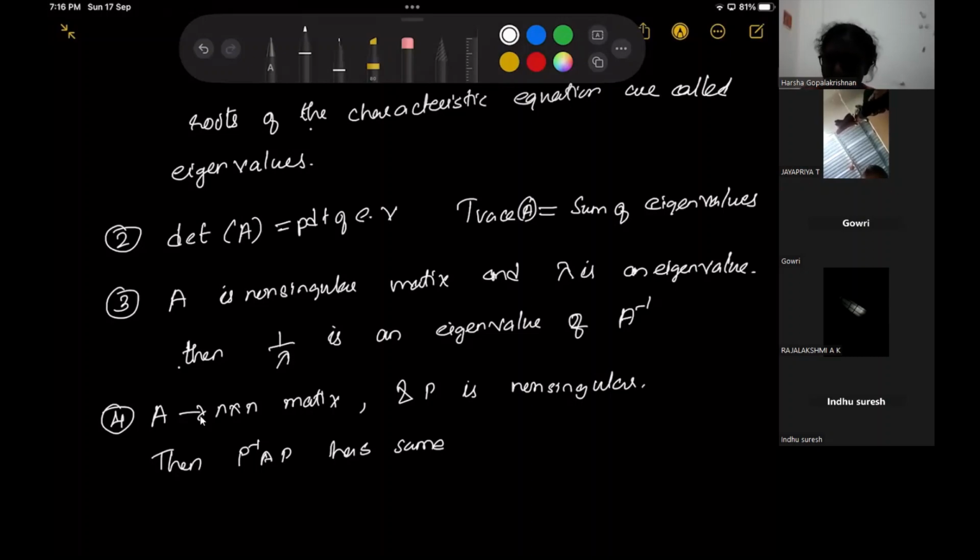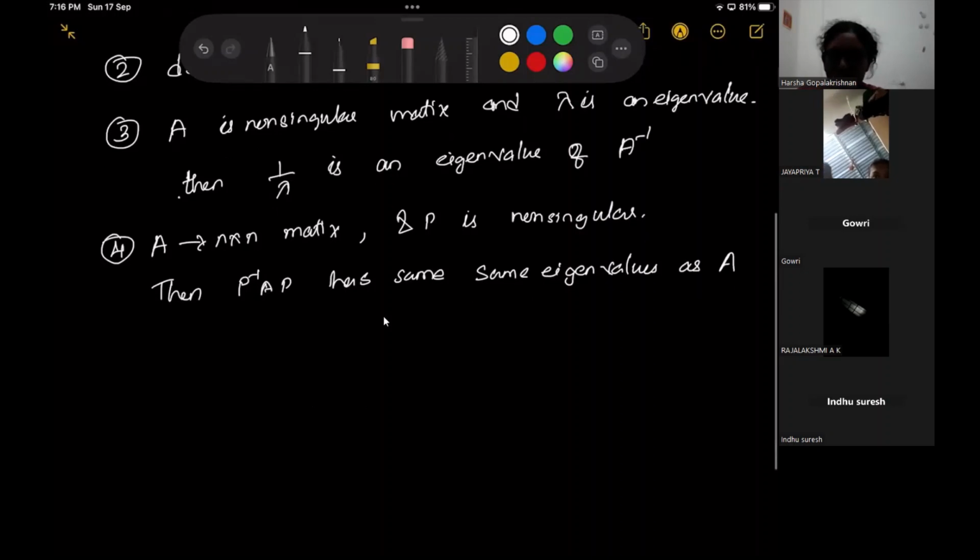If A has lambda 1, lambda 2, etc., lambda n as the eigenvalues, then P inverse AP also has the same lambda 1, lambda 2, etc., lambda n as the eigenvalues. Clear? Okay, the proof is actually covered in the class itself, so you can go through the proof. We are just going through the results so that we will use them in the problems later.